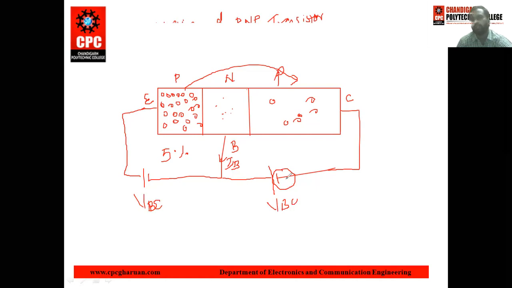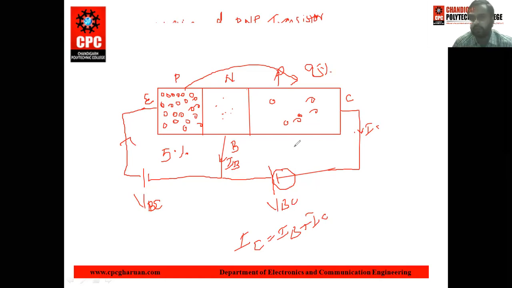Holes are positively charged and this is the negative polarity. So 95% of holes move to the collector side and flow as the current IC. This is IC. So at last, the formula is the same: IE is equal to IB plus IC. This is the basic working of NPN and PNP transistors.